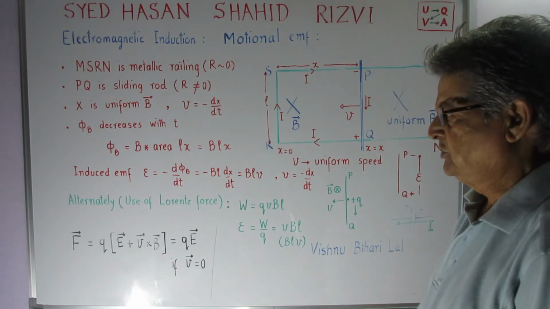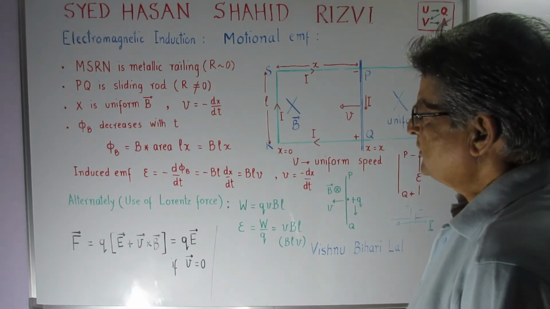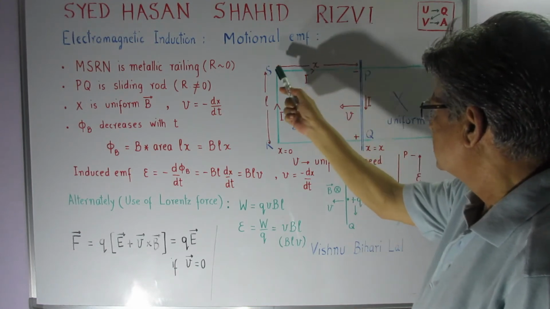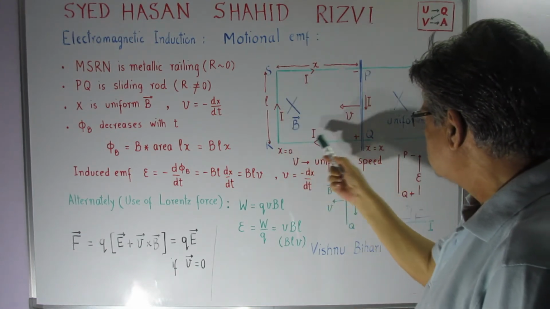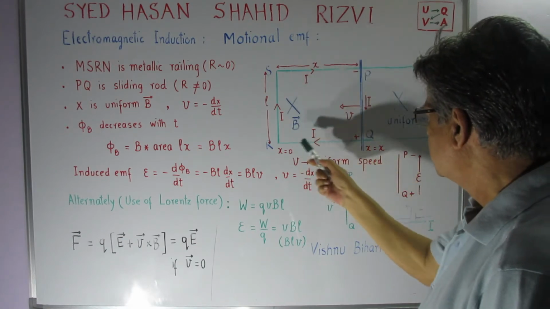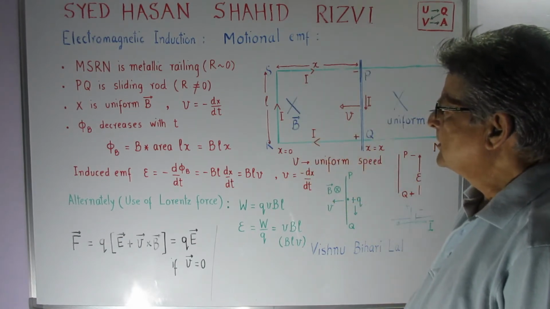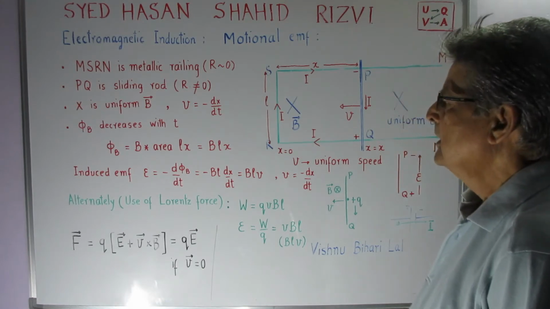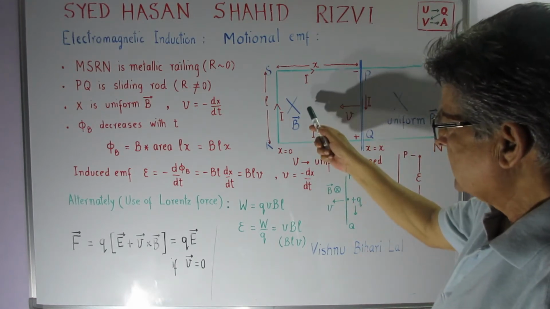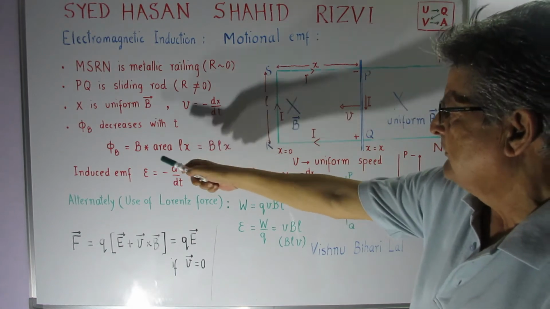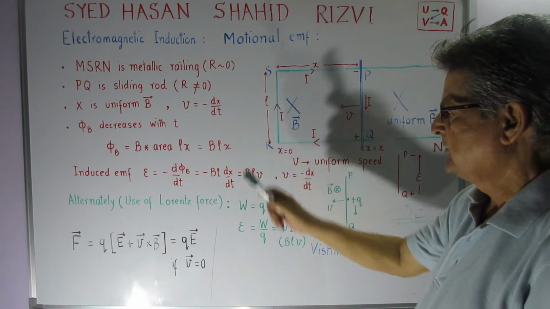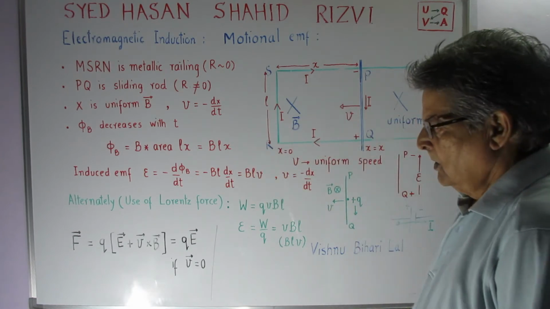So there is a change. How much is phi b? The area, this is x and this is L. So the area of this rectangular region is equal to L into x. So the uniform magnetic field multiplied by Lx gives us phi b, which is BLx.